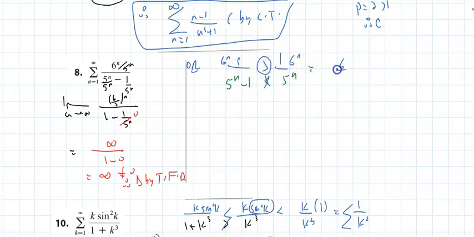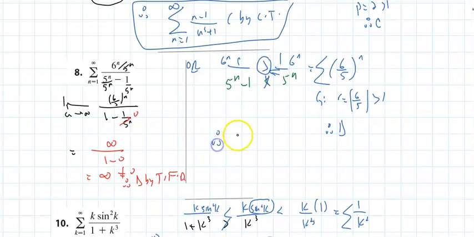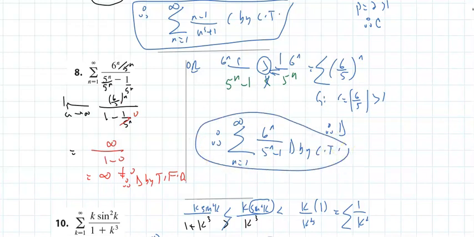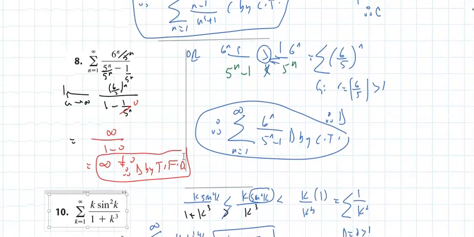This is (6/5) to the n power. That is geometric, r equals 6 over 5, bigger than 1. Therefore diverge. And if the smaller diverges, then the bigger, the series n equals 1 to infinity of 6 to the n over 5 to the n minus 1, diverges by the comparison test. So you could do this a few ways. There's nothing faster than the test for divergence.